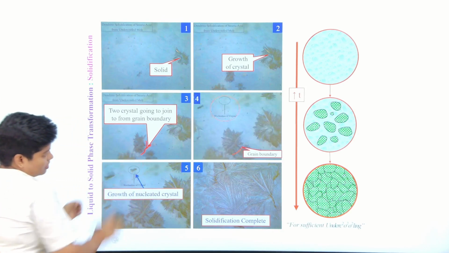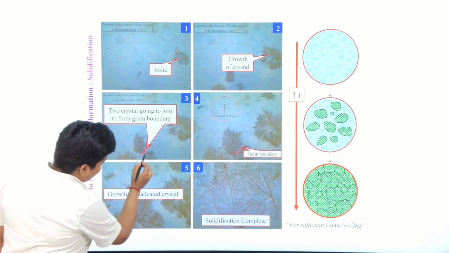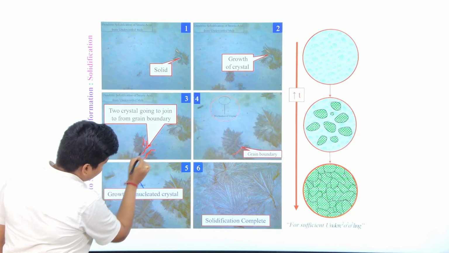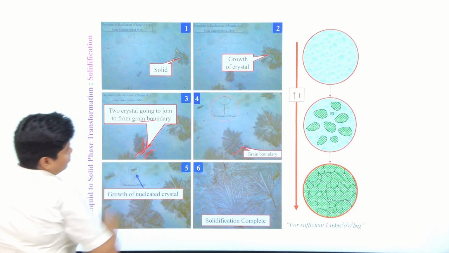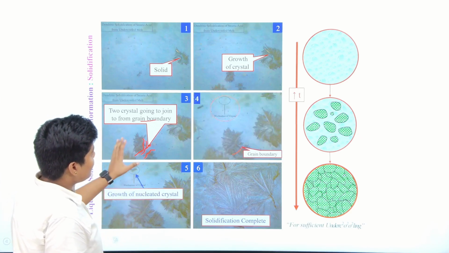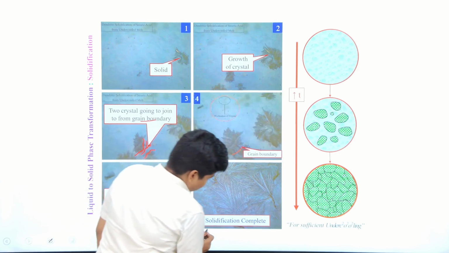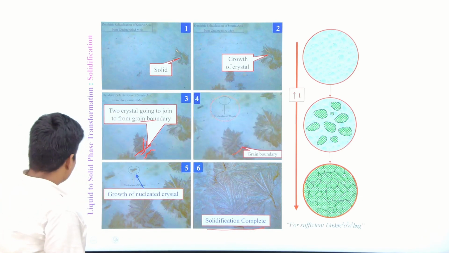Here one tree-like crystal is shown, and here another crystal. So the boundary between those two crystals is known as the grain boundary. Now the crystallization growth has happened. At last we'll get the completely solidified metal.